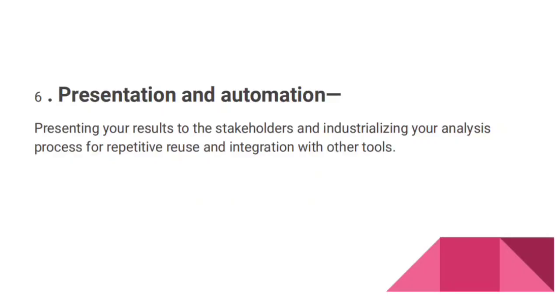Okay, so the next step is presentation and automation. So presentation is nothing but we are going to present the results to the stakeholders, and industrialization of the analysis process for repetitive reuse and integration with other tools is done in this step. Sometimes it is sufficient to implement only the model scoring of the analysis model prepared to sustain the findings.